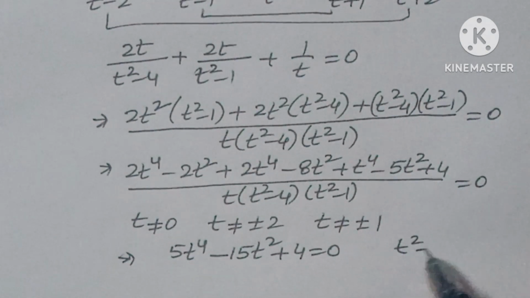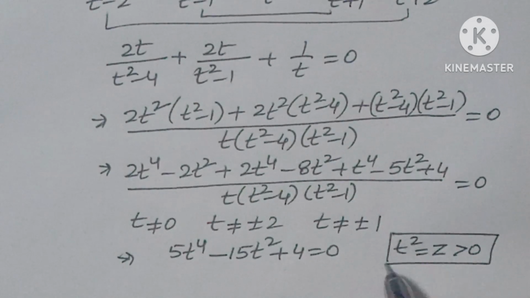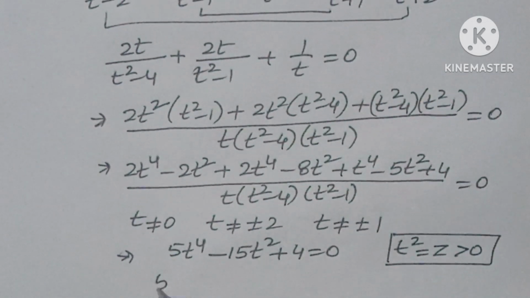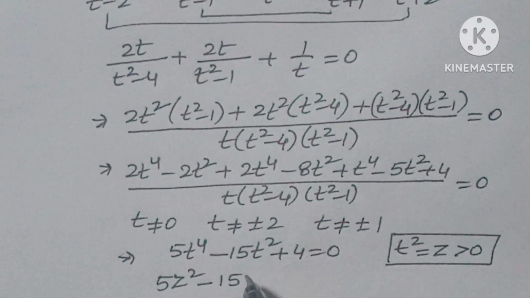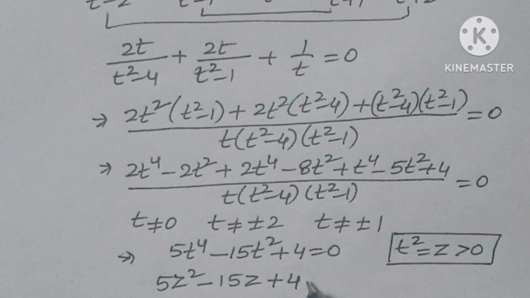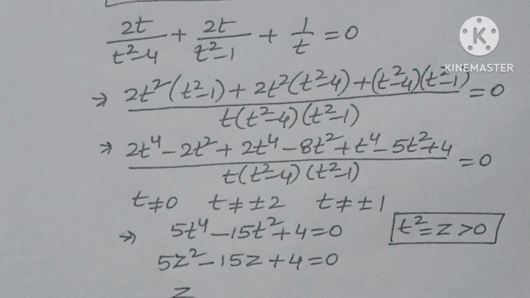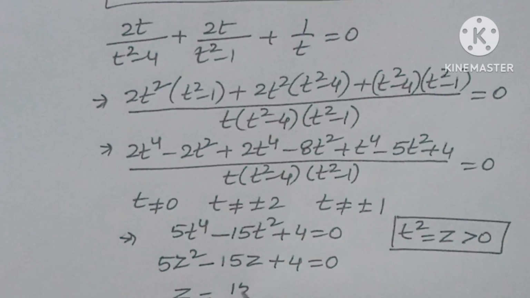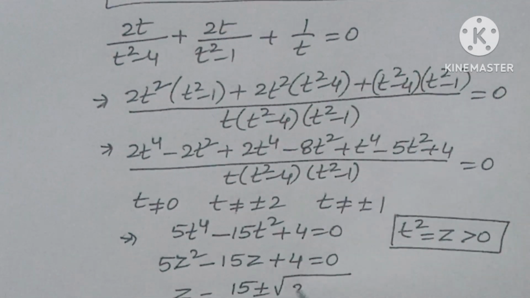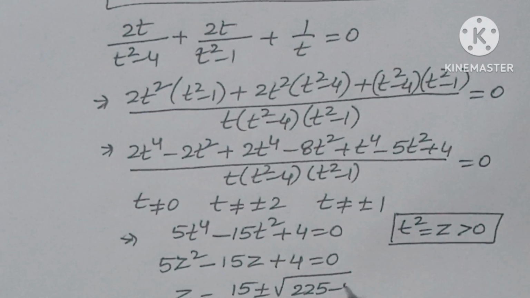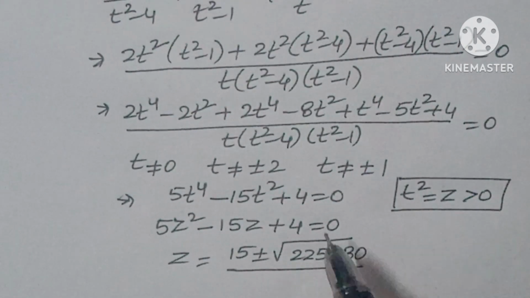So let us take t square equal to z greater than 0. So what we'll get here: 5z square minus 15z plus 4 equal to 0. Now z is equal to 15 plus or minus root of 225 minus 80 by 10.